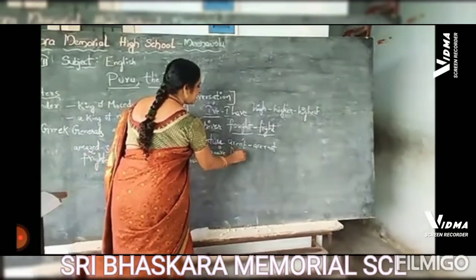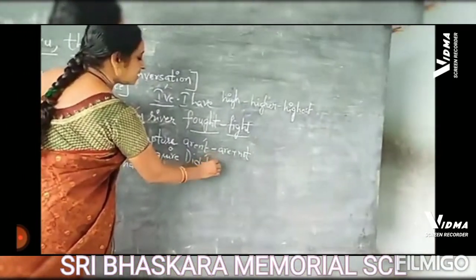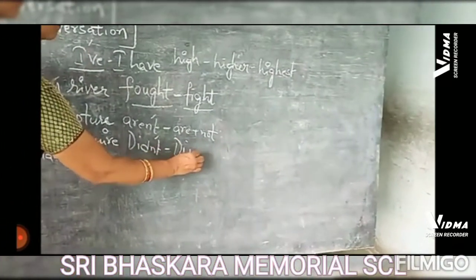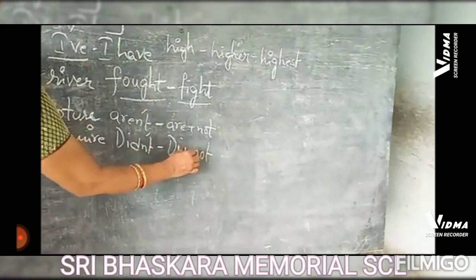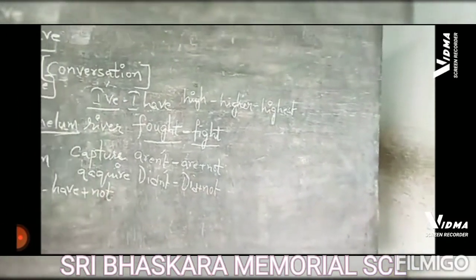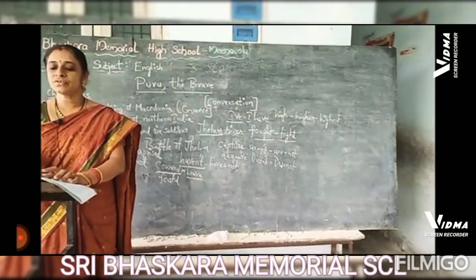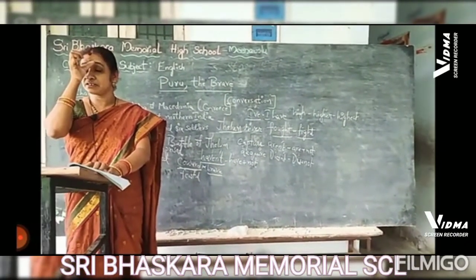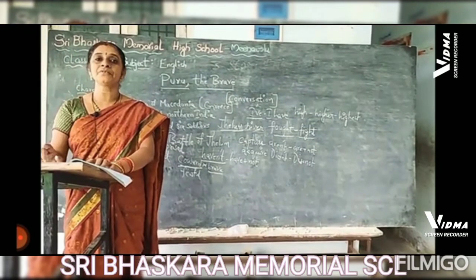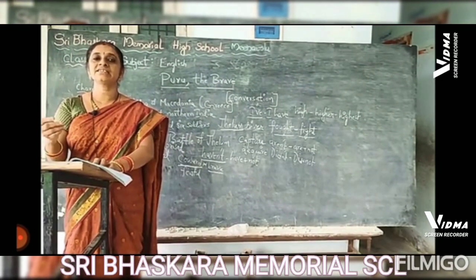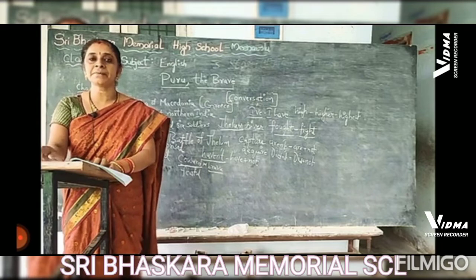Didn't, D-I-D-N-T, means did not. That means Alexander put some proposal to Puru, and he rejected it. What is that proposal?